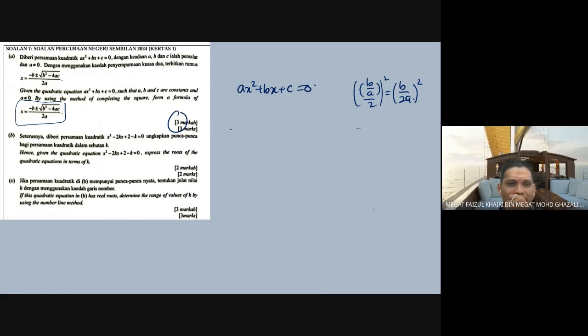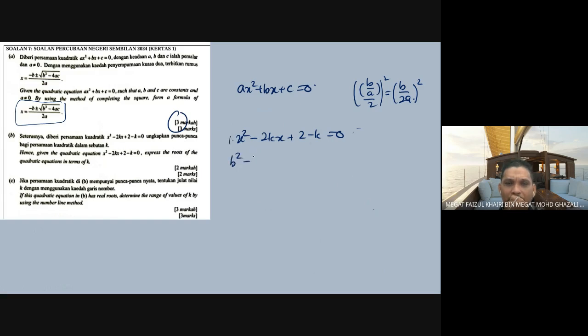Okay, so given the quadratic equation x squared minus 2kx plus 2 minus k equal to 0. Okay, express the roots of the quadratic equation in terms of k. So for this one, the coefficient of x squared is 1.